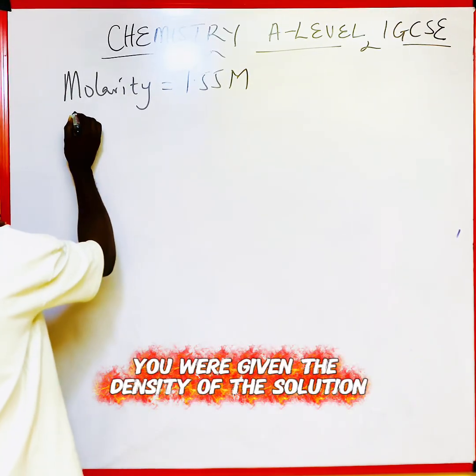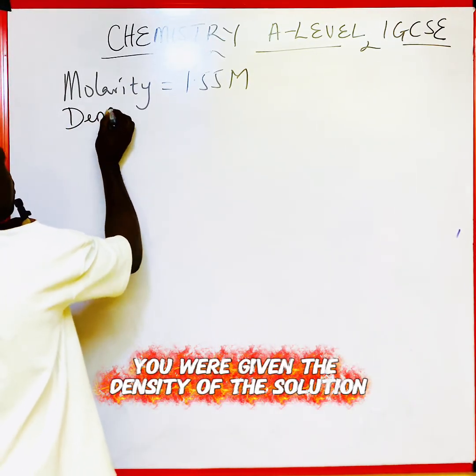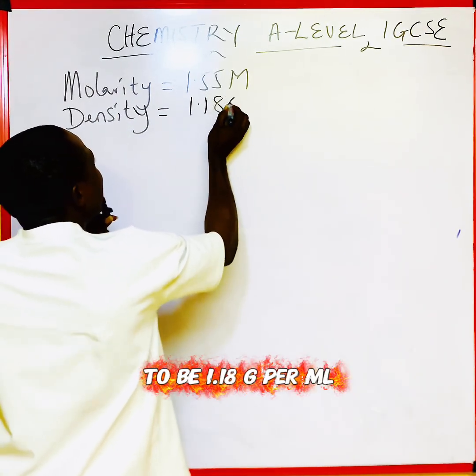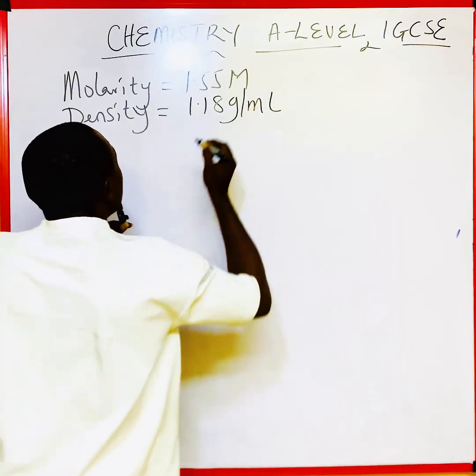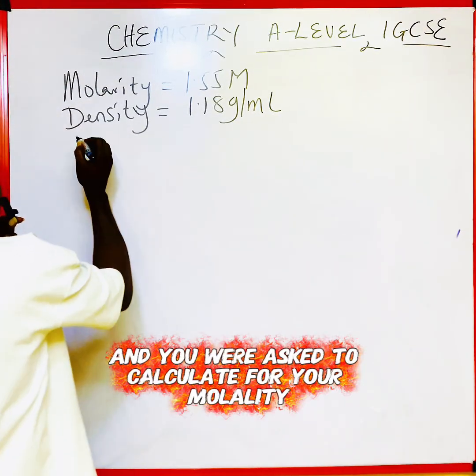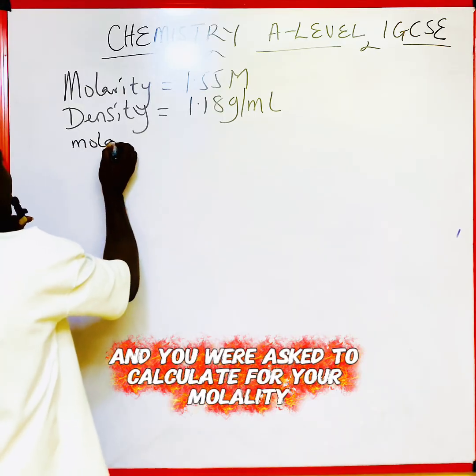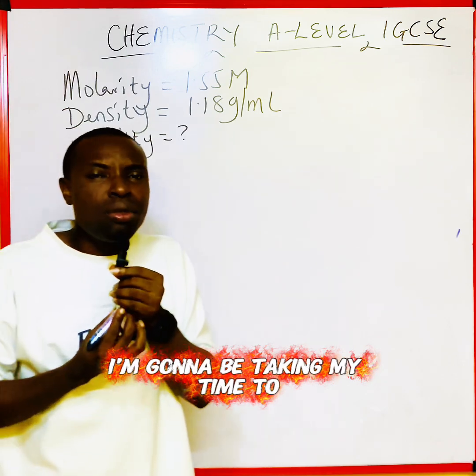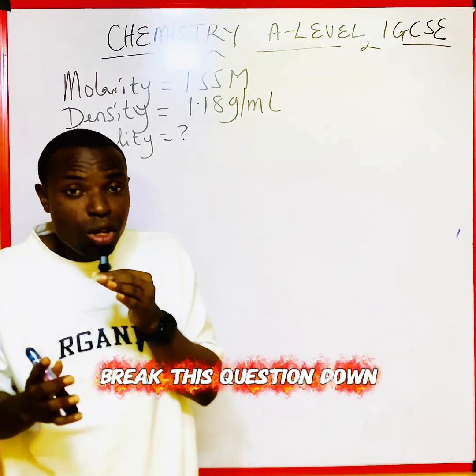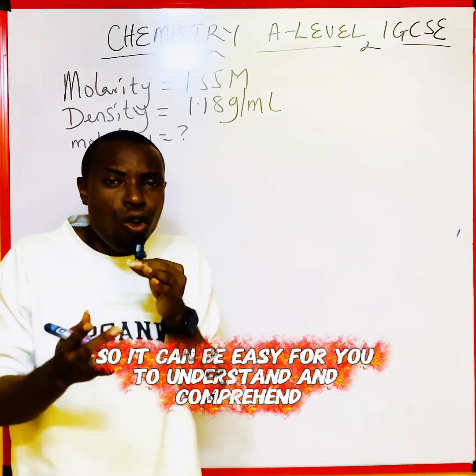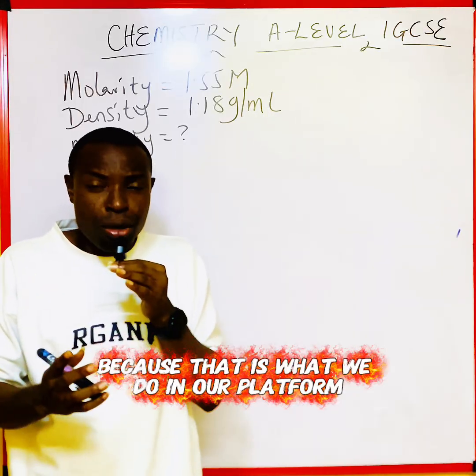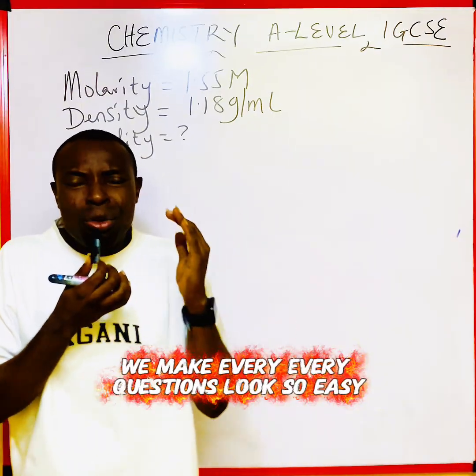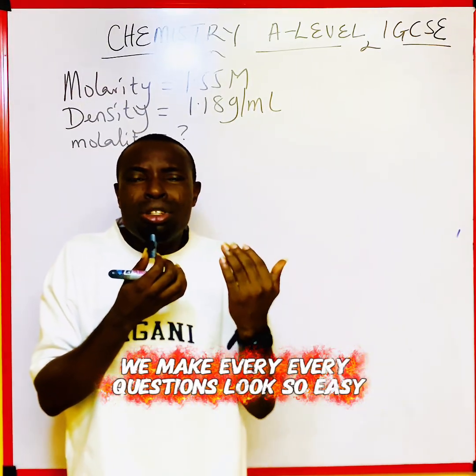You were given the density of the solution to be 1.18 gram per mil, and you were asked to calculate for your molality. I'm going to be taking my time to break this question down so it can be easy for you to understand and comprehend, because that is what we do in our platform. We make every question look so easy.